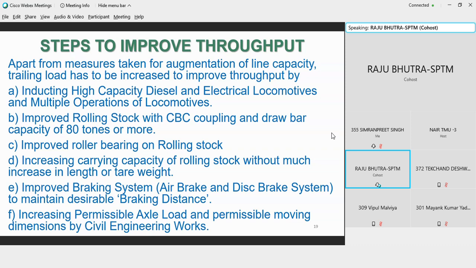So if the permissible axle load is increased, or if the moving dimensions, that is the permitted dimensions of the wagon, are increased, we can carry more commodities in the wagon and our throughput will increase.